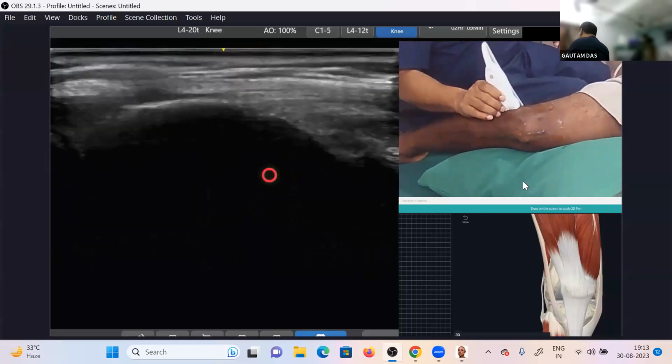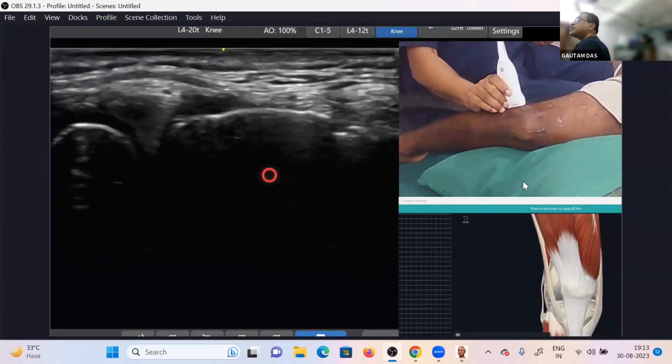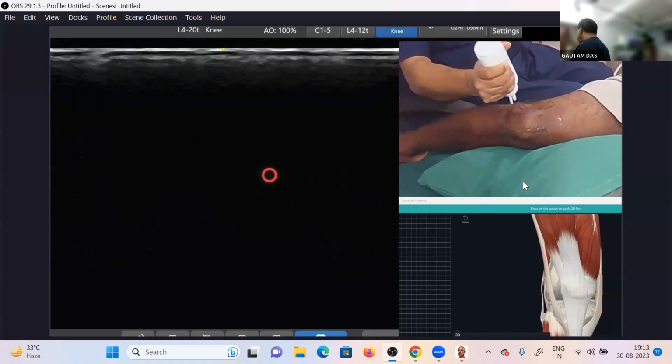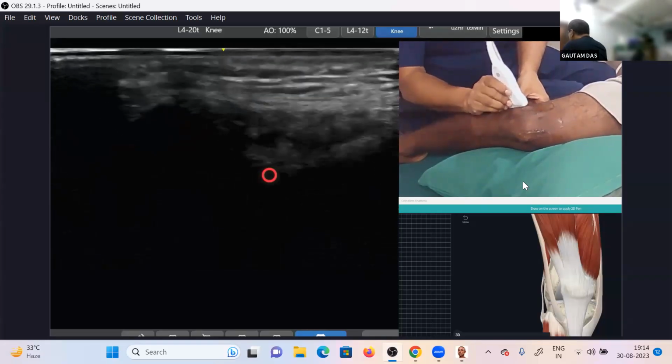So again, what I'm doing, I'm putting the probe where I saw the lateral collateral ligament at that position.